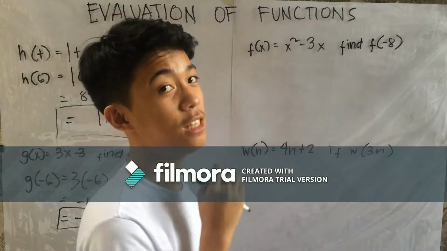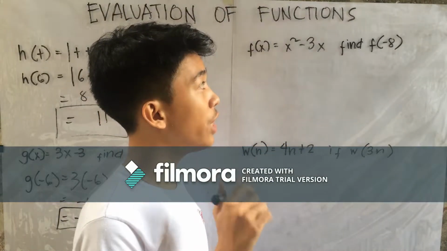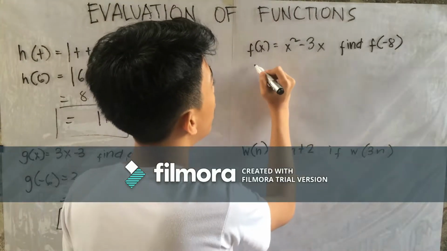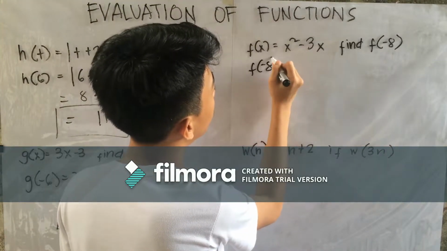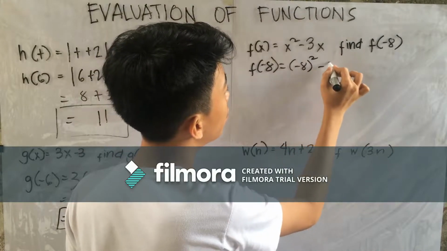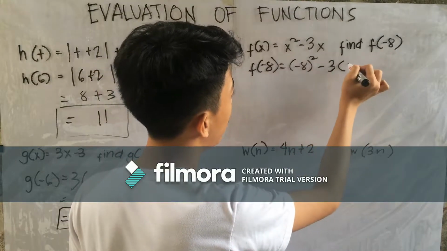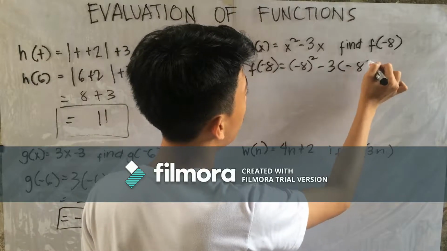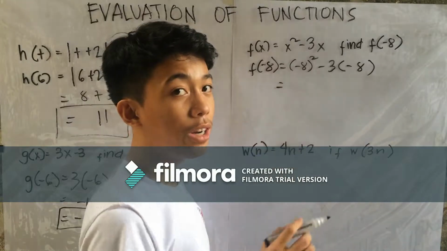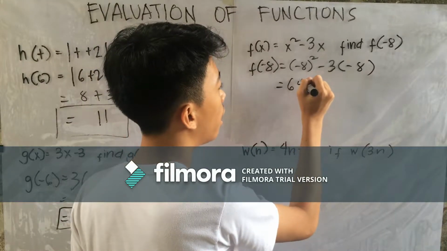So, next tayo. F of x is x squared minus 3x, and we need to find f of negative 8. F of negative 8 is equals to negative 8 squared minus 3 times negative 8. So, negative 8 squared is equals to 64.